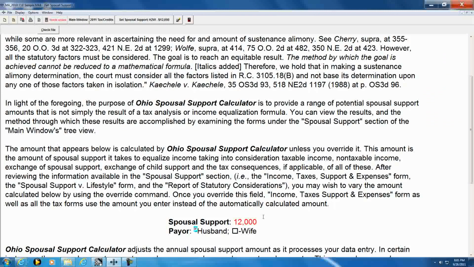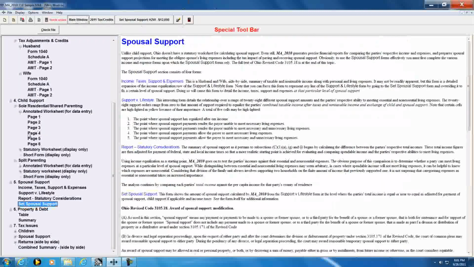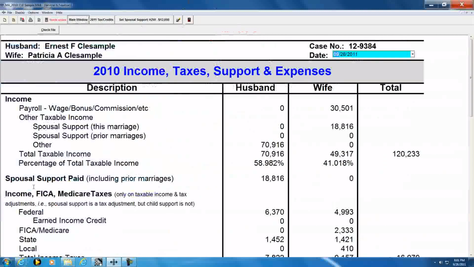Now, using the $12,000 spousal support amount, we can flip back and take a look at the ITSE report to see what the consequences are. It's very nice and extremely handy for evaluating proposals. That's the MO right there. Set the spousal support amount and then check out the ITSE report to see what happened. For purposes of evaluating our $12,000 spousal support amount, I'll return to the main window and bring up the ITSE form.